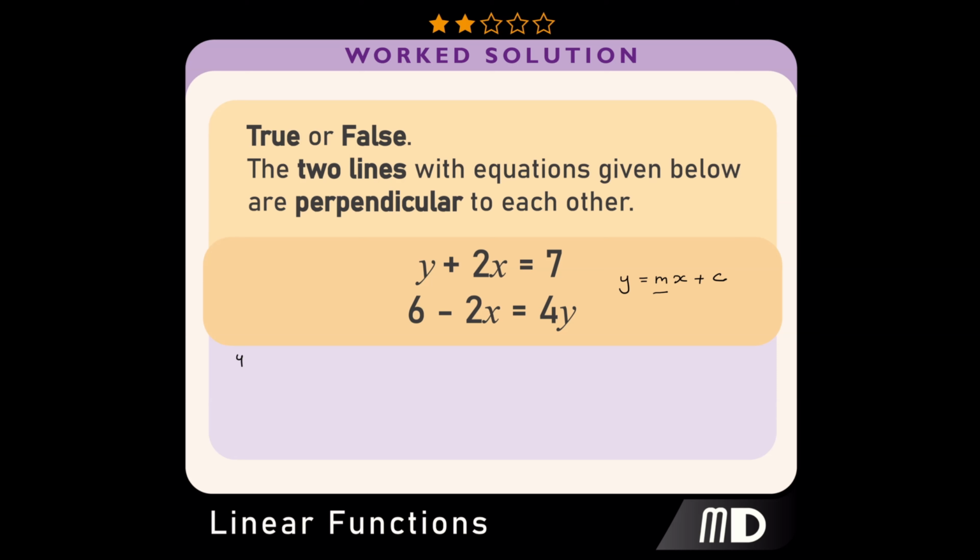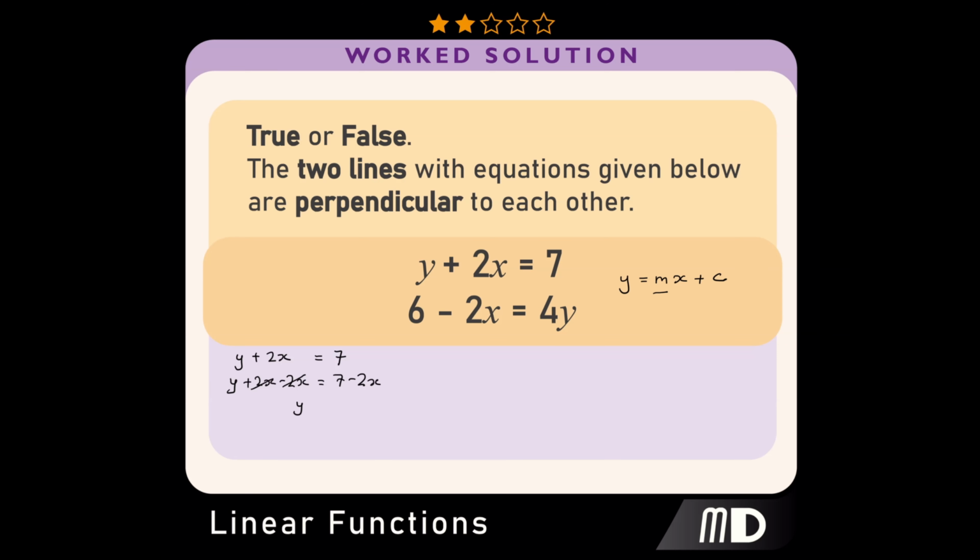So let's begin by writing down the first equation. y plus 2x equals 7. Now the first step is to subtract 2x from both sides. So that gives us y plus 2x minus 2x equals 7 minus 2x.